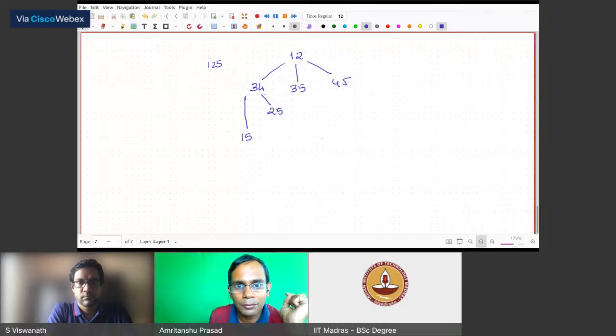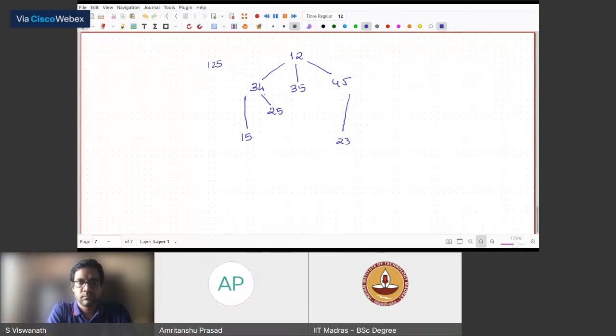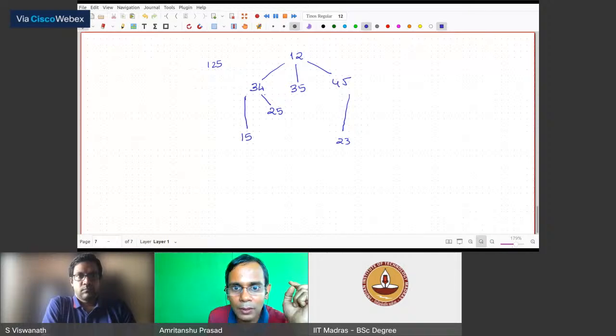And then from {4, 5}, the missing elements are 1, 2, and 3. So we can take {2, 3}, and the other element is {1, 3}.